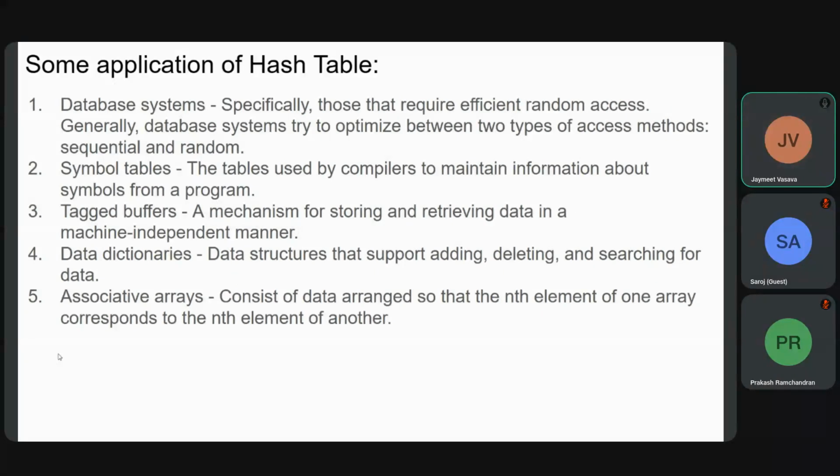What happens in a tag buffer is that the whole array has to be transferred from a host to the client, let's say, and it has to be in a machine independent manner.